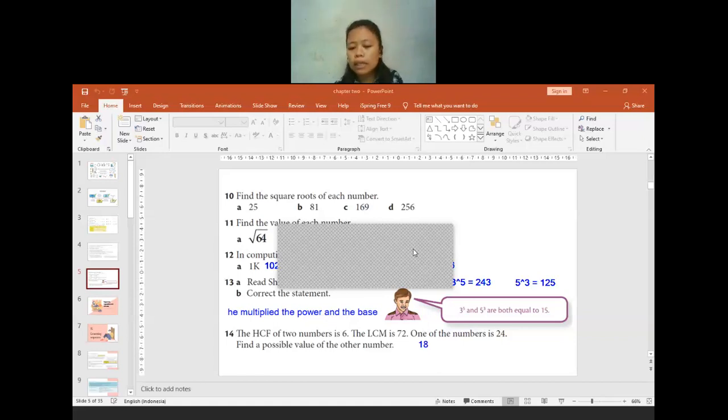So when there are indices, we do not multiply the base and the power. The base is the big number, and we cannot multiply it with the power. Yeah, you have to correct the statement. Is there anyone who still has questions? No. Okay, no one has a question, then I'll continue.